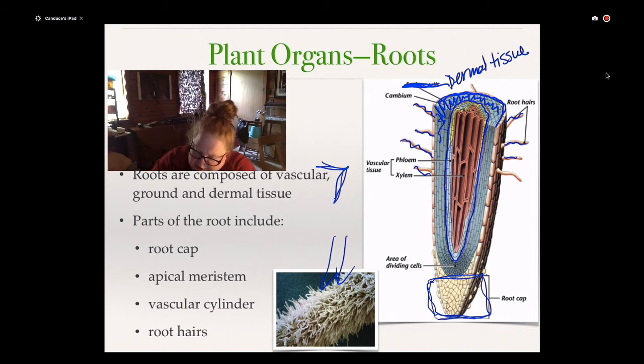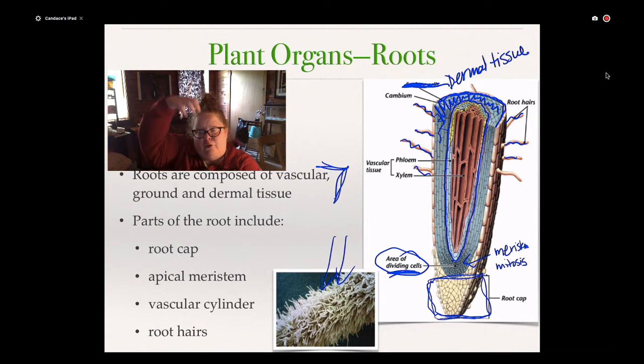And then here, this is where it says area of dividing cells. This is what's called the meristem, or the apical meristem. And this is where mitosis is taking place. So meristem, mitosis, right? Dividing cells.